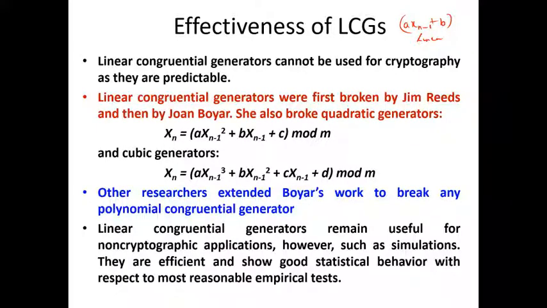Though you work with large values of A, B and X naught. You remember what is X naught? In LCGs, what is X naught? Remember, this is another parameter which we spoke of. Can someone tell me? What was X naught in LCGs?